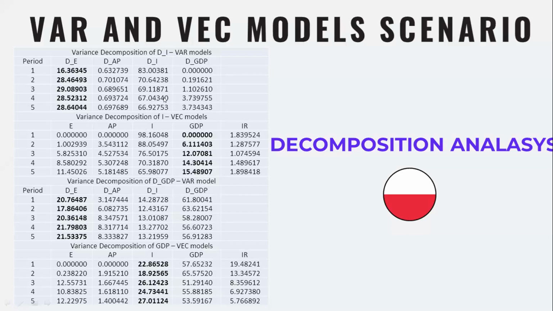If we use the VAR model, export is the most influential factor on migration and GDP. But on the other hand, the VEC model includes the trend and the error correction, and we can see the influence of the factors on each other.